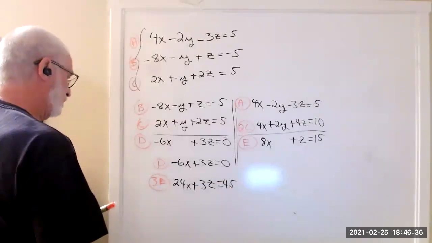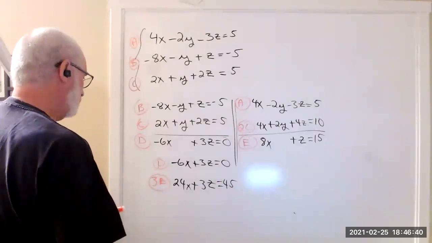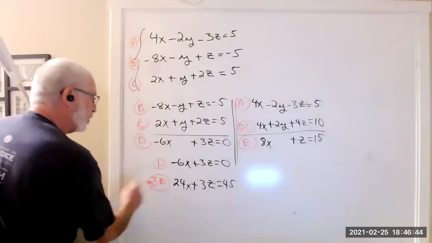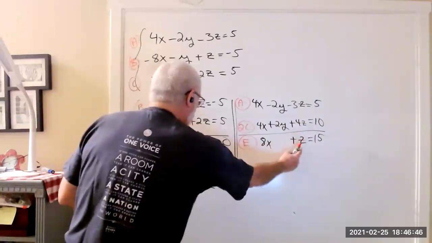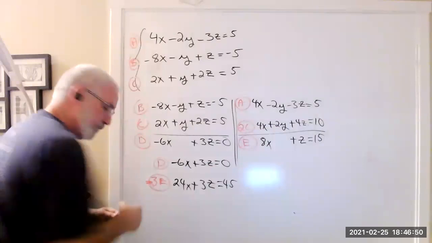I think that's right. You wanted to do a negative, right? You're right, negative 3. Thank you. Because I wanted to make that z cancel with that z. So that should be okay.